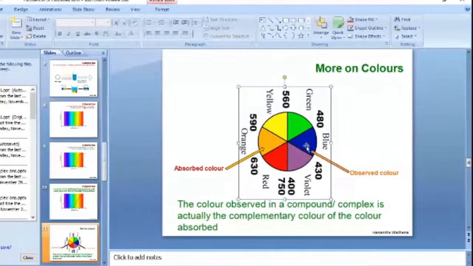This is called a complementary color chart. So if you absorb blue, then one will observe orange. If yellow is absorbed by your solution, then one will actually see violet, and vice versa.